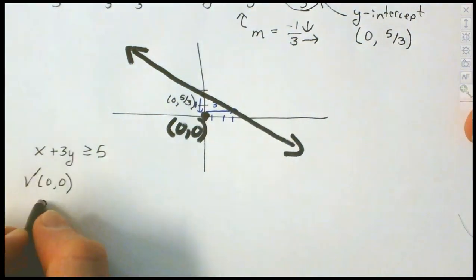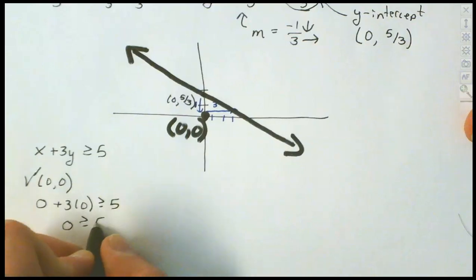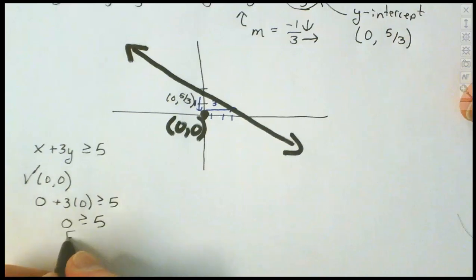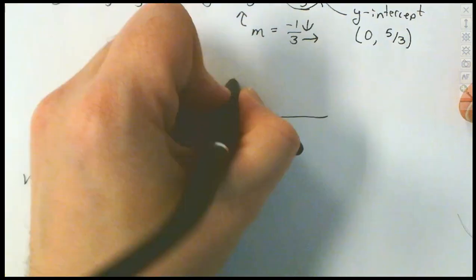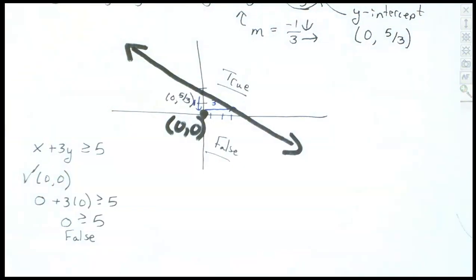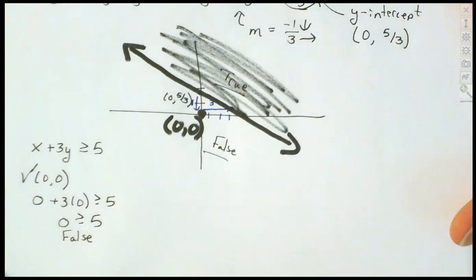Plugging it in, we get 0 plus 3 times 0 is bigger than 5, and is 0 bigger than 5? No, 0 is not bigger than 5, so that would be false. This side is true, and one side's true, one side's false. So where do we have to shade? The true side, which then is up here.